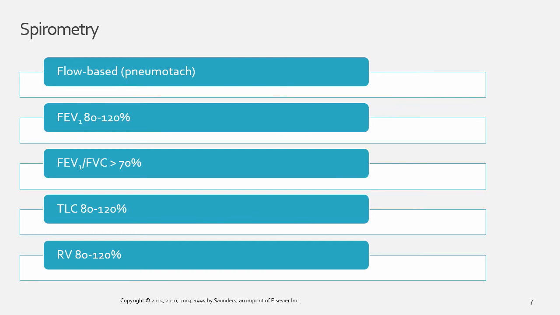Some of the important measurements with spirometry are FEV1, normal is 80 to 120% for a child. FEV1 to FVC ratio, normal for a child is greater than 70%. Total lung capacity, seen in plethysmography, 80 to 120%. And residual volume, 80 to 120%.